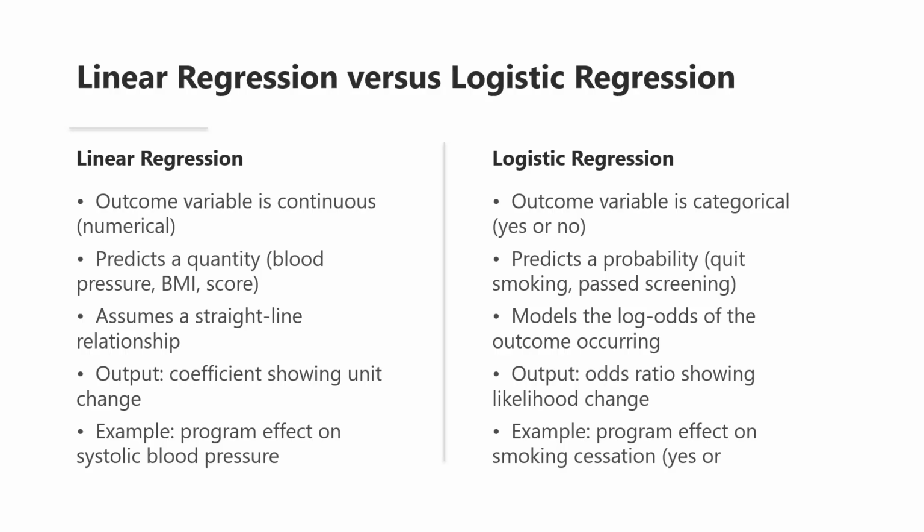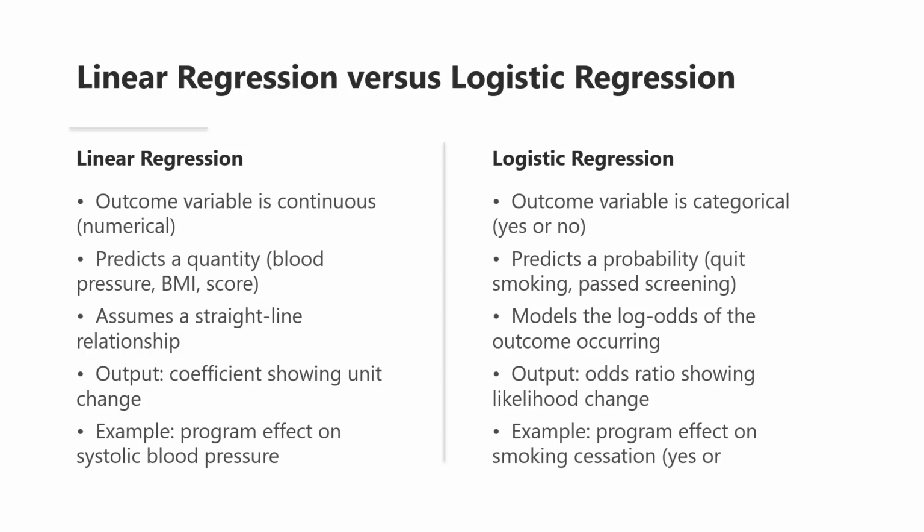The output is expressed as an odds ratio rather than a simple coefficient. An odds ratio of 2.3 for program participation in a smoking cessation evaluation would mean that participants in the program had 2.3 times the odds of quitting smoking compared to non-participants.